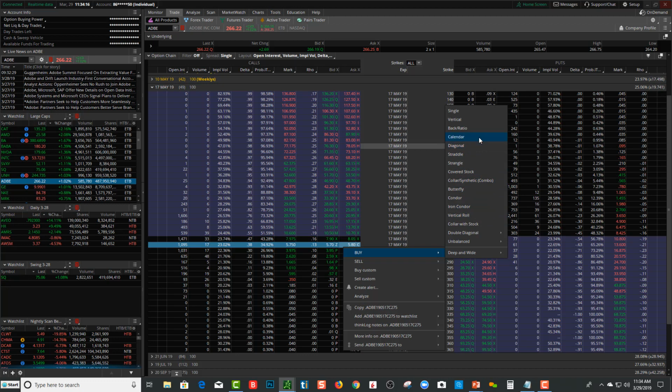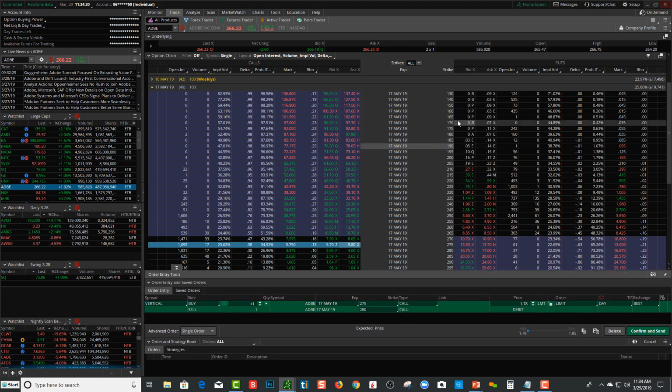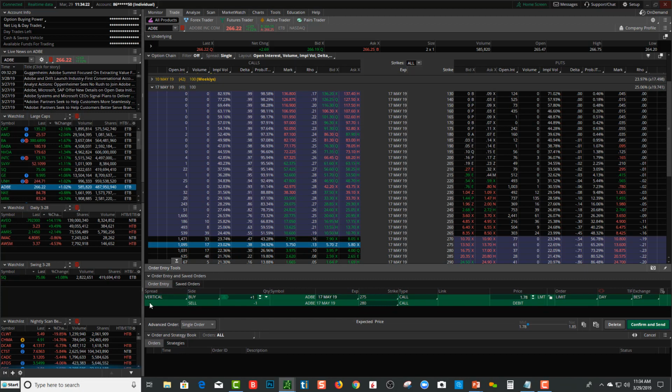That's because it falls under the umbrella of a vertical spread. So when I click vertical, you're going to see over here the strategy is a vertical spread, and you'll see on the order call debit. So you won't see bull call, you'll see call debit, which falls under the overall umbrella of a vertical spread.